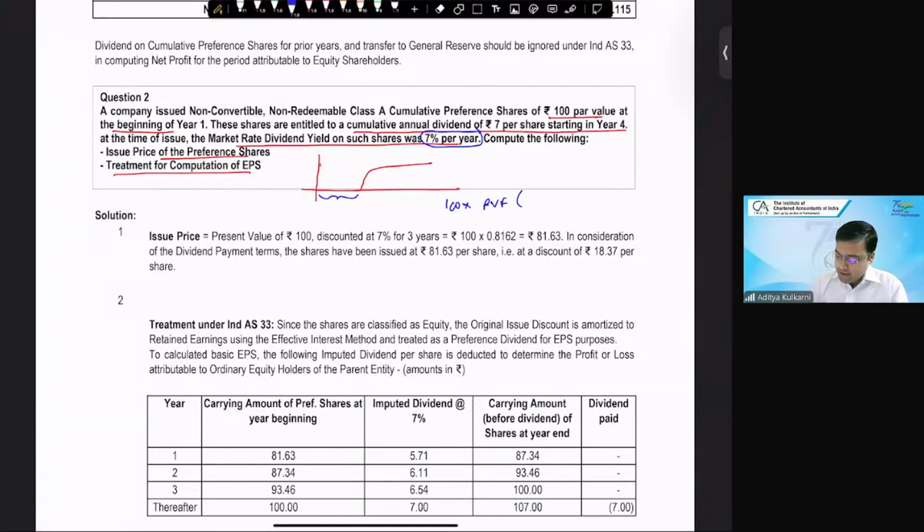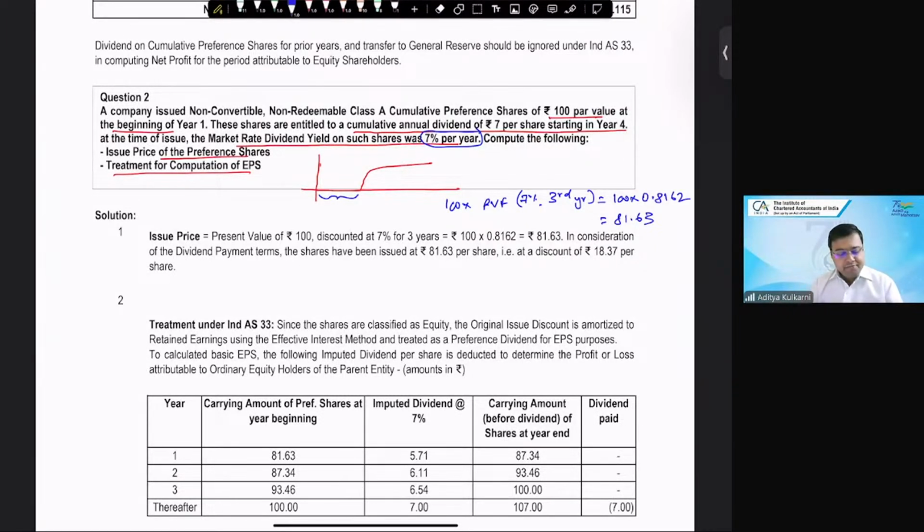Present value factor at 7% for the third year. Are you able to follow? So that will come to 100 into 0.8162 or 0.8163. So you will be issuing a 100 rupees share at 81 rupees or 82 rupees.